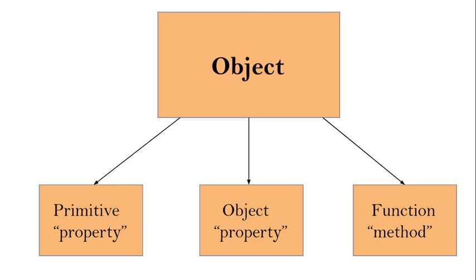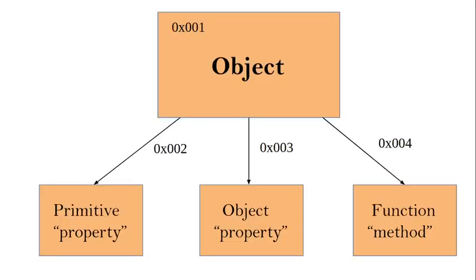When an object has properties and methods and sits in memory, this core object will have an address in your computer's memory, and it will have references to these different properties and methods, which are also sitting in your computer's memory. They may be near the address of that base object, or they may not, but either way the object has a reference to the address where these different properties and methods live.